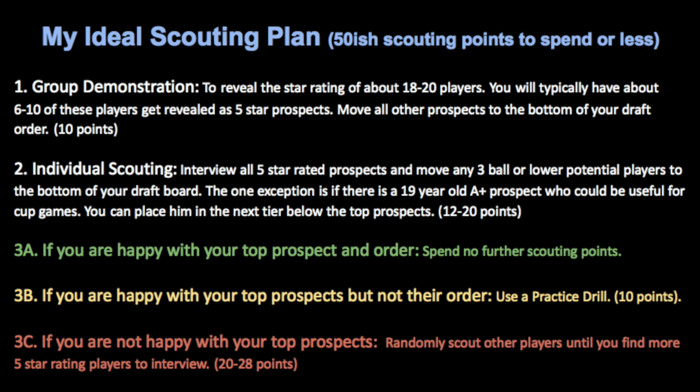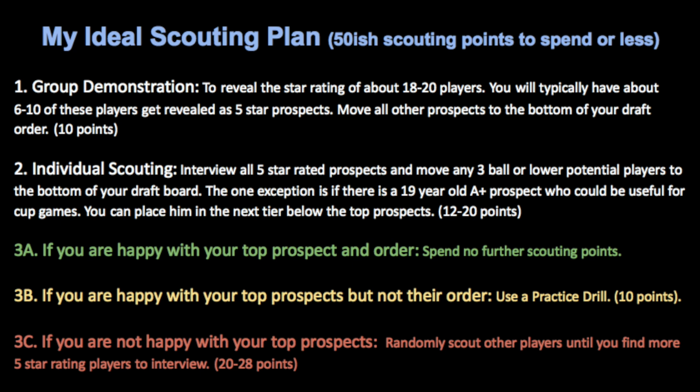So let's say you have the second overall pick in the draft and you've scouted 2 5-5 prospects and a couple 5-4 prospects for star rating and potential. Then saying, okay, well, I know I have like 16 scouting points left, but I'm pretty happy with my prospects of who I have at the top of my board, and I know I'll get at least one of my 5-5 prospects, then you don't necessarily have to keep scouting.